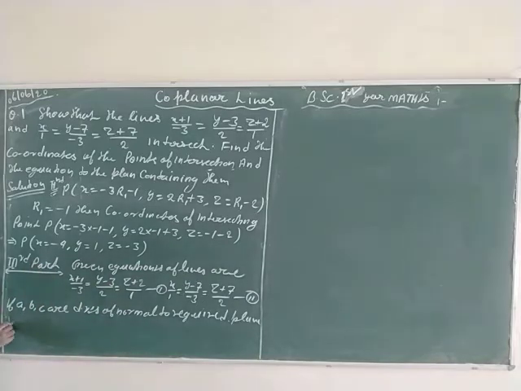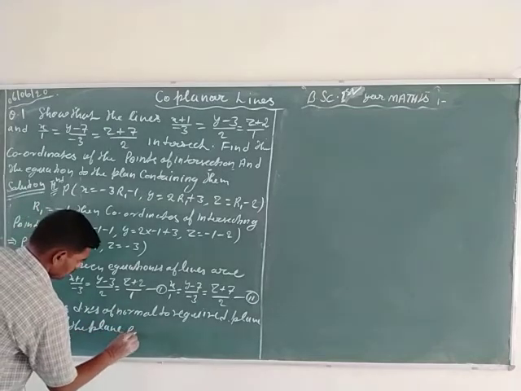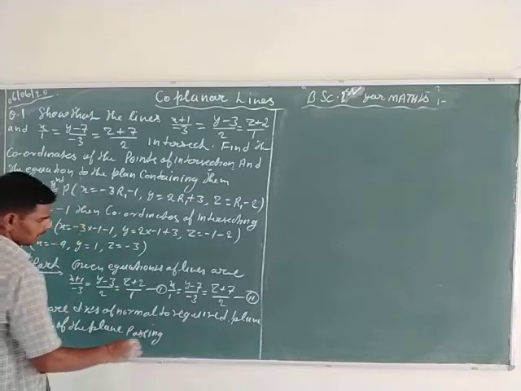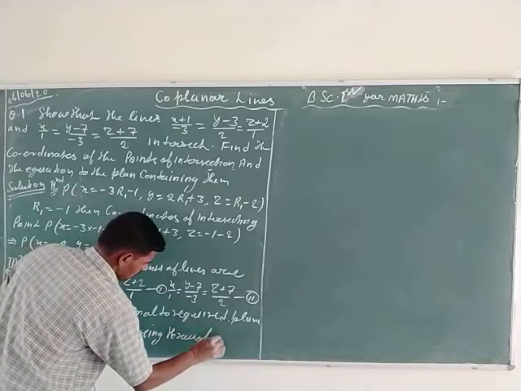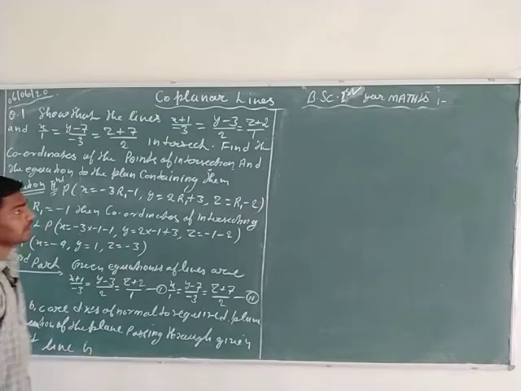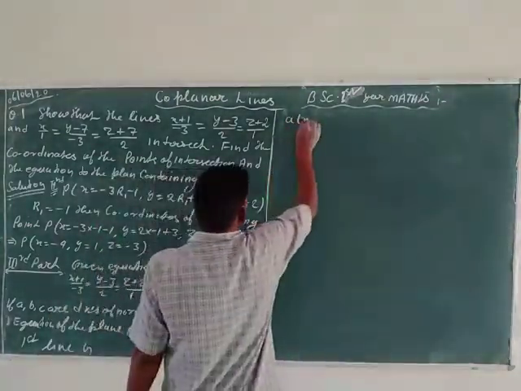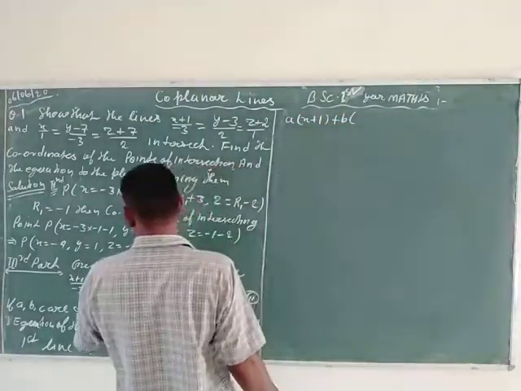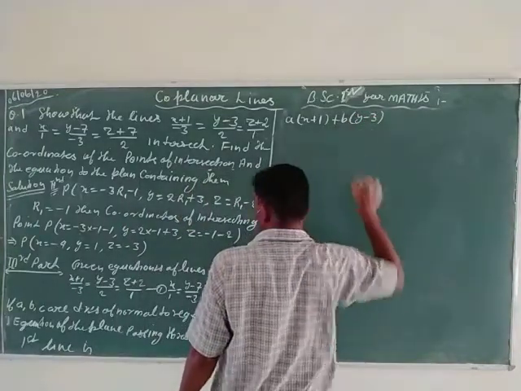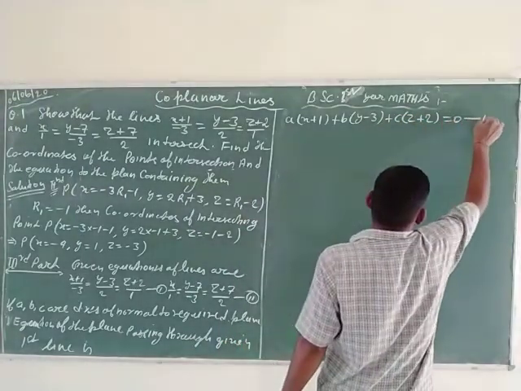The equation of the plane passing through the given first line is a times (x plus 1) plus b times (y minus 3) plus c times (z plus 2) equals 0. Suppose that is equation third.